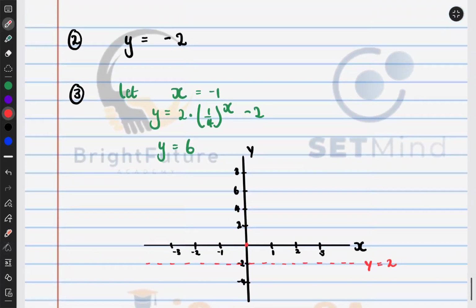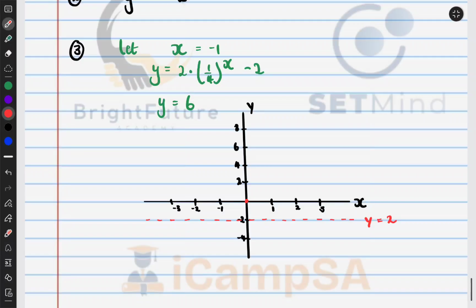Next, the other point that we calculated, where x is equal to -1, y is equal to 6. We have -1 and 6. Then once you have that, you simply join your points and make your curve.